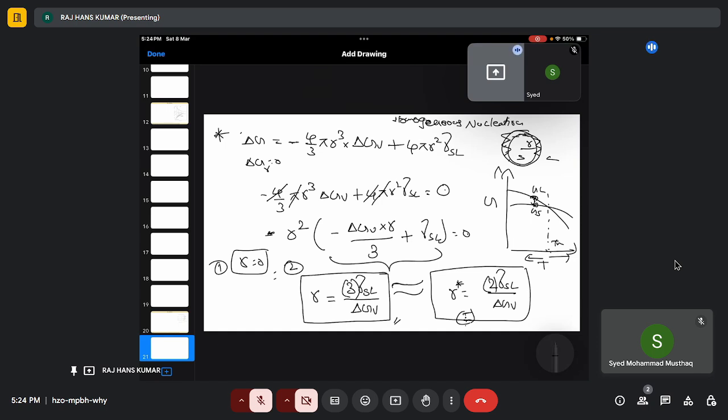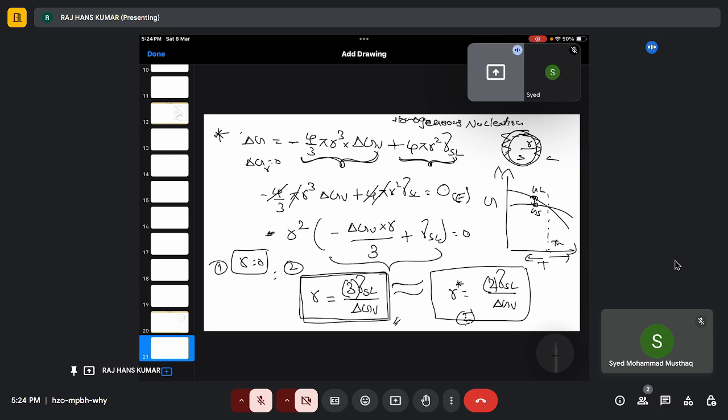If this equals 0, then that means the nucleation stops. If R is equal to this one, then whatever energy is provided by the volumetric free energy, the transformation from GL to GS, is completely used in the production of this surface area. So that means after this, the nucleation will not go on.